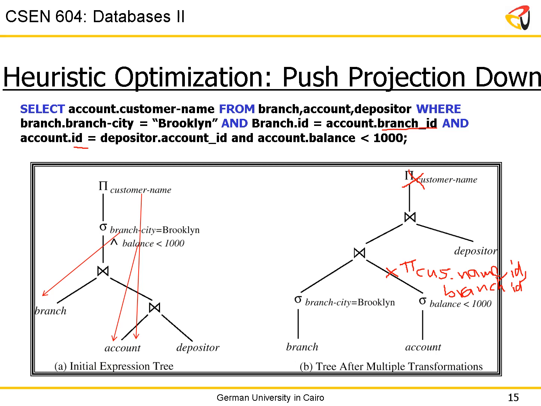So instead of having to keep all the 15 columns, now I will only keep 3 columns, and I don't need the other 12. So pushing projection down does not necessarily, and actually in almost all cases, will not save you hard disk access, but it will save you in memory.